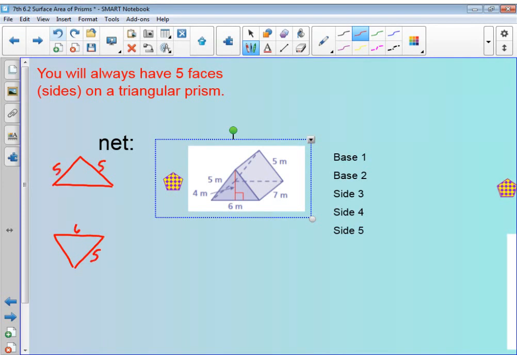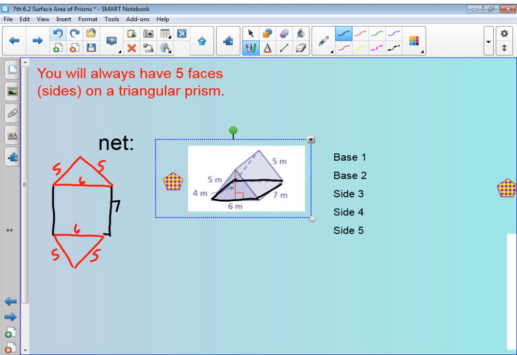Okay, so then working off of that, I have a middle section that's right here. So I'm going to do this bottom piece that's 6 by 7. So that's 7 by 6.